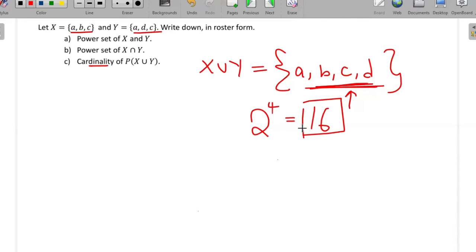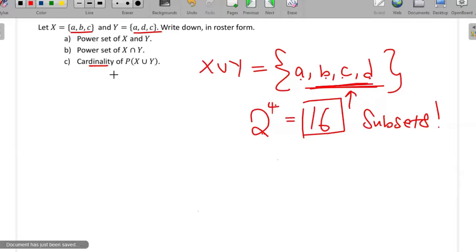To find the number of subsets, we said it is 2 to the power the number of elements in that set. The elements here are 1, 2, 3, 4, so it is 2 to the power 4, which gives 16. So this set has 16 subsets.